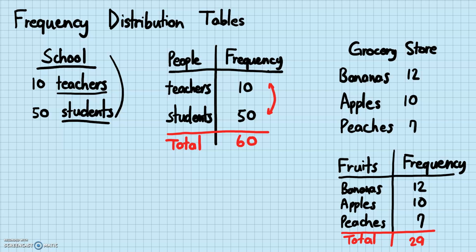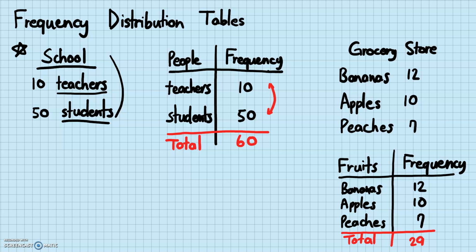So this is an example of a very simple frequency table. Simpler frequency tables are easier to make, but they don't give us that much information. For example, going back to our school, we can categorize the people into teachers and students, but we can also categorize them into male and female.